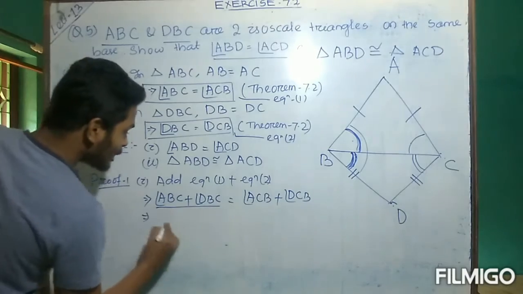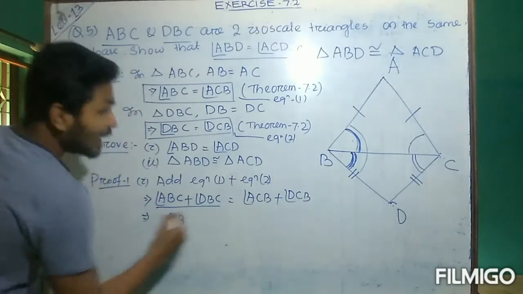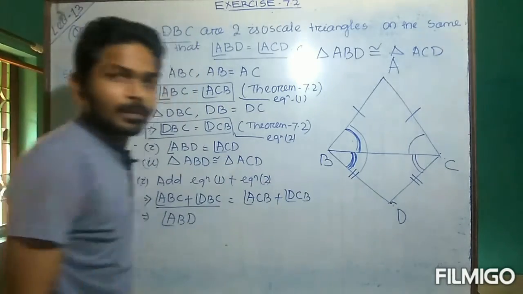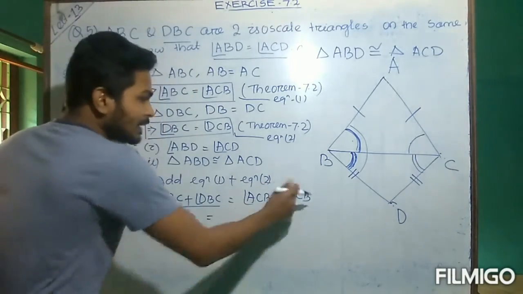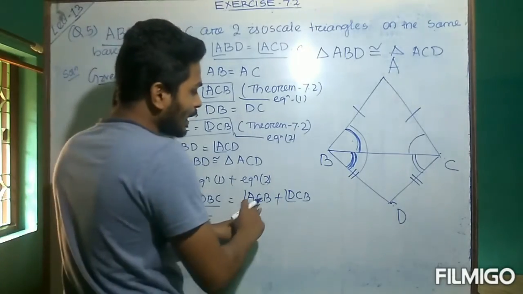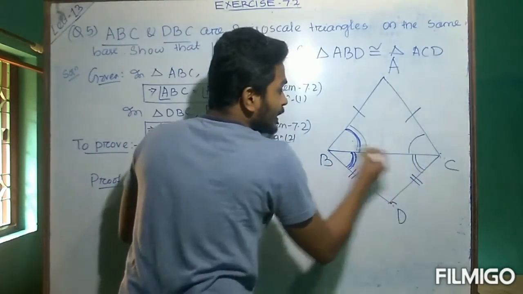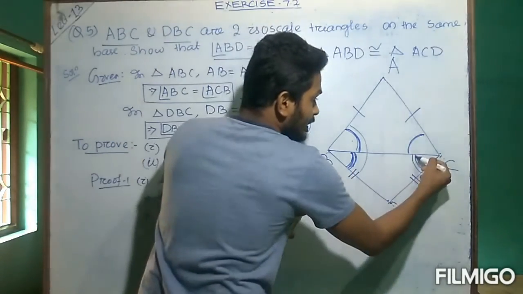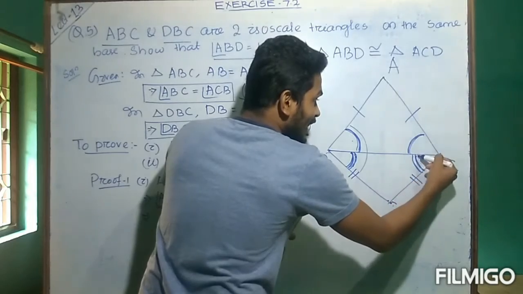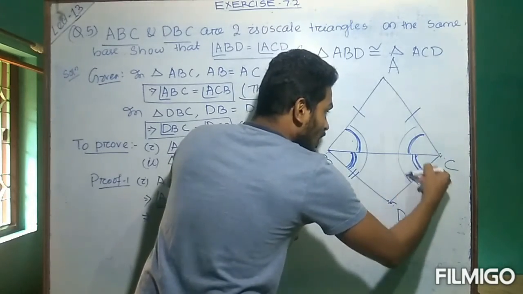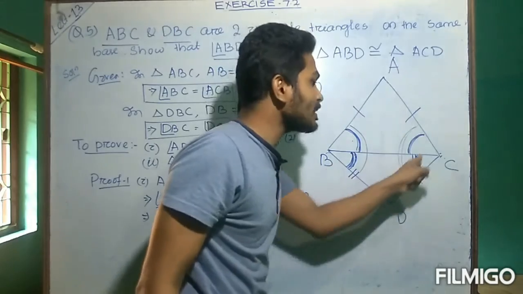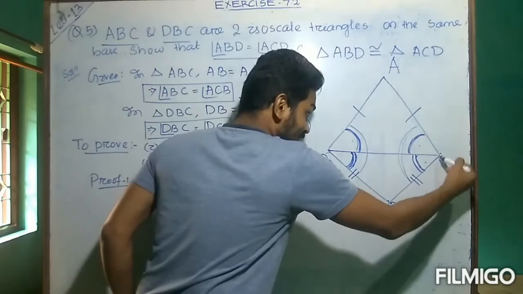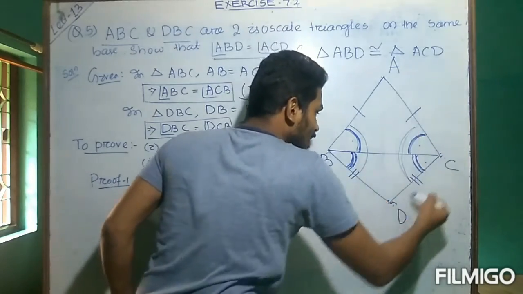Similarly, in the right hand side, we have angle ACB plus DCB, this small angle. Whenever these angles are added, we will get the total angle, because these are the parts of this large angle. So this angle plus this angle is equal to the total angle, that is angle ACD.